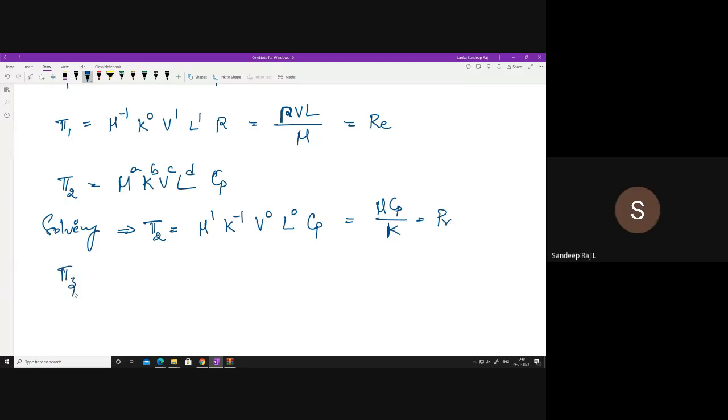Similarly, you take pi 3. Pi 3 is equal to mu, K, V, L to the powers a, b, c, d, into the h.